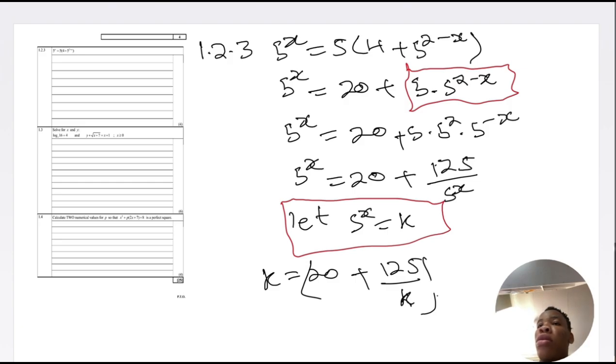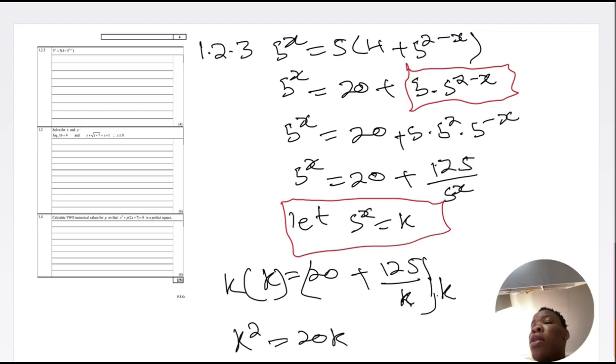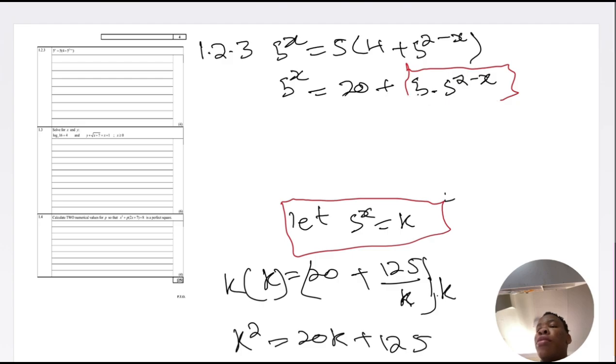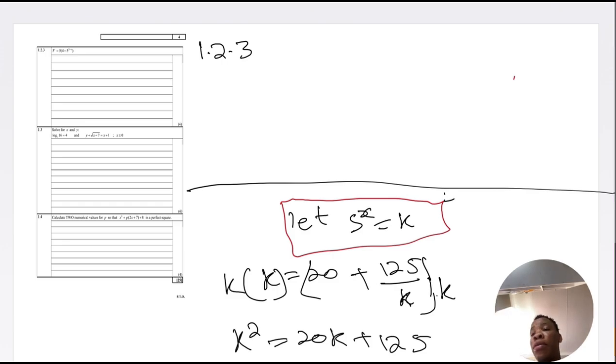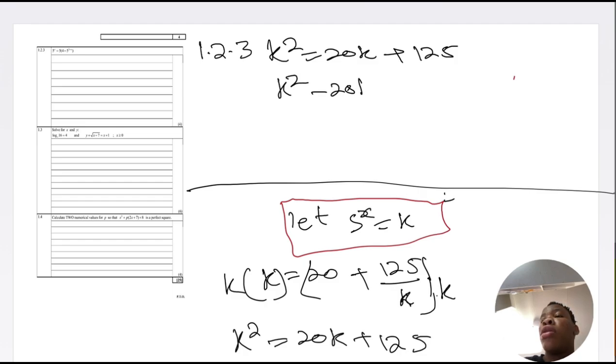Multiplying both sides by k, therefore we'll have k squared equals 20k plus 125, since k cancels k. So k squared minus 20k minus 125 equals 0. Factorizing, the factors will be 25 and 5, negative.